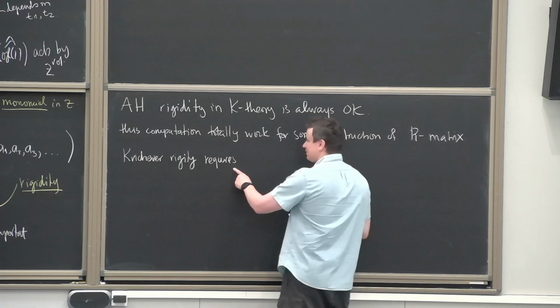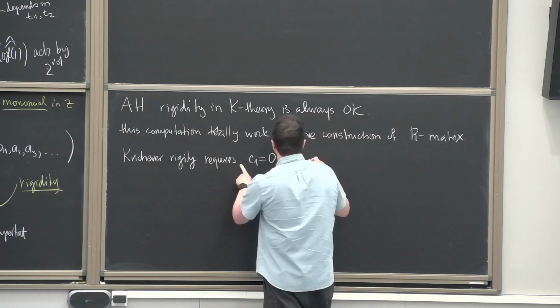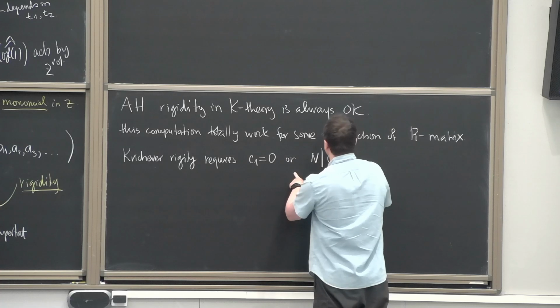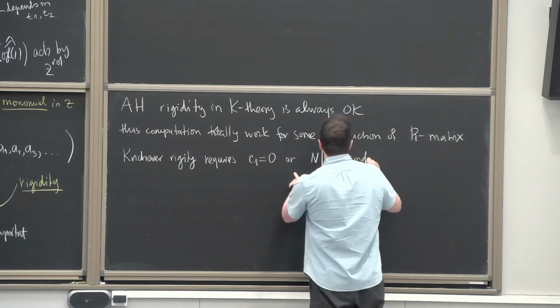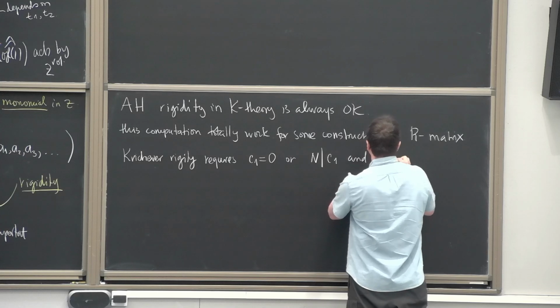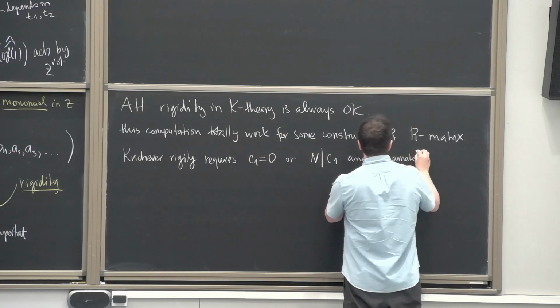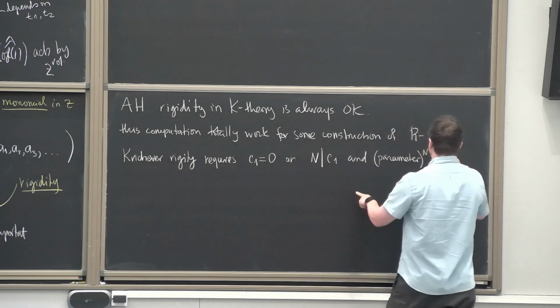So Krichever rigidity requires what? It requires C1 to be 0, or some number n to divide C1, and then this parameter, whatever the parameter there is, to the power n b1.